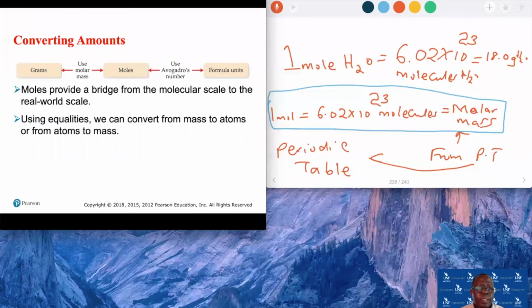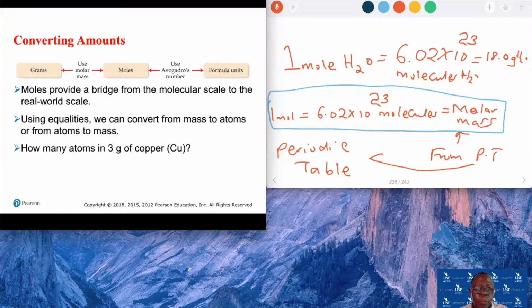This is relevant because we'll have to use it when we are converting from moles to atoms. For example, how many atoms are in 3 grams of copper?